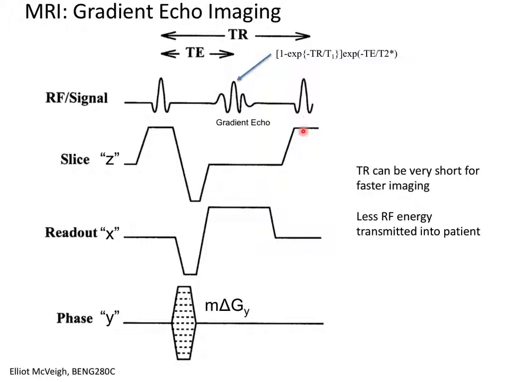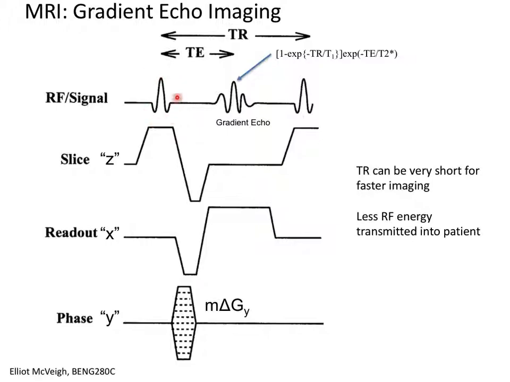And so, if we were able to switch our gradients fast enough and make all of this happen, say in a millisecond, then we could do 1,000 of these a second, right? So you can make a picture with 1,000 different phase encoding steps in 1 second. So that significantly speeds up MRI when you can do this.